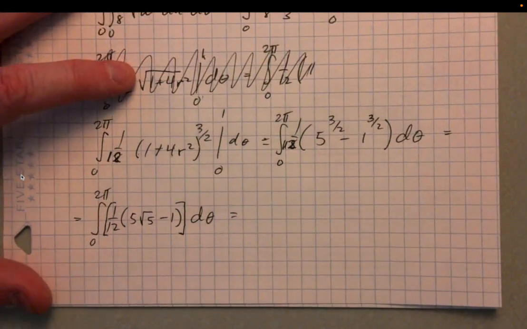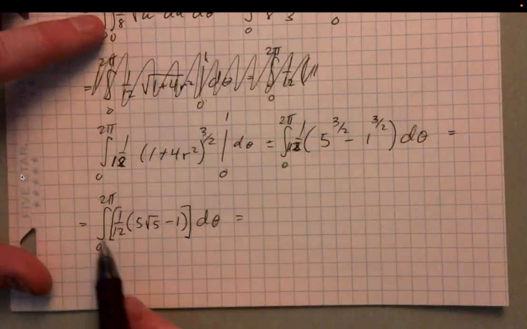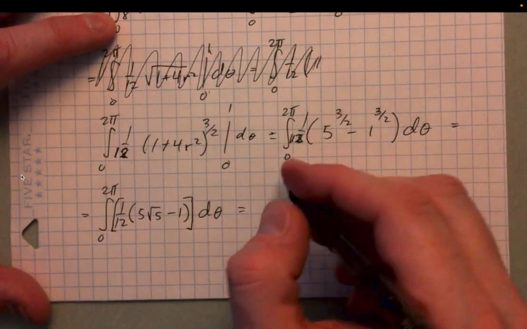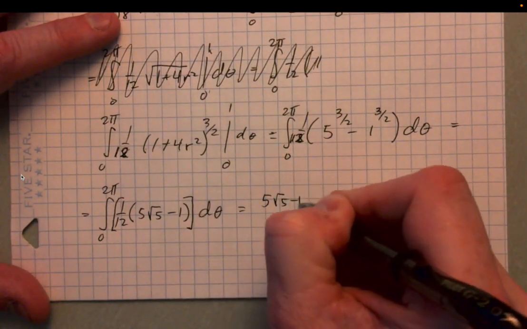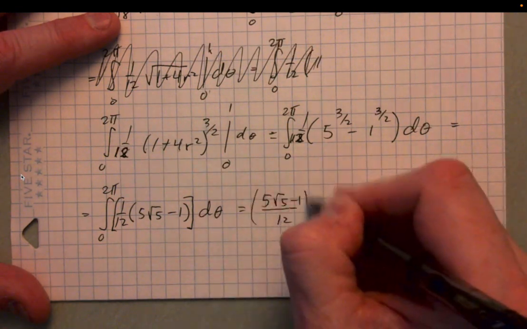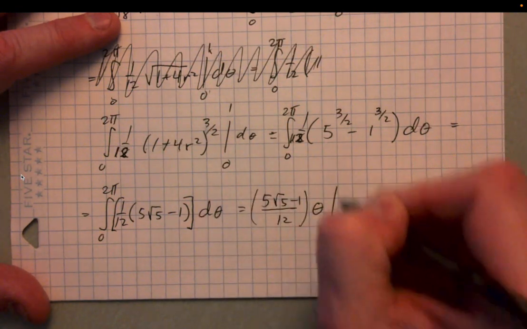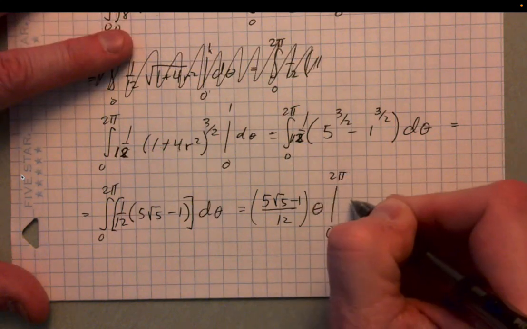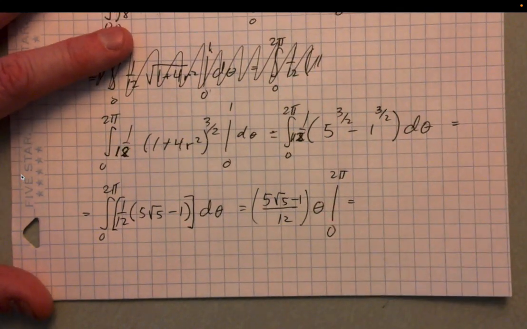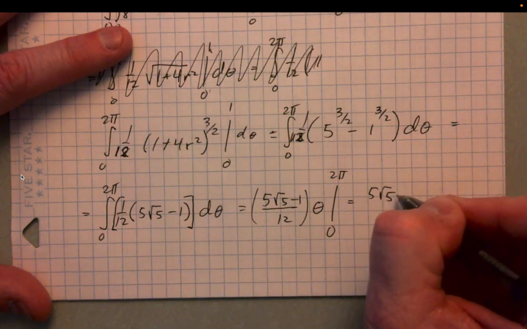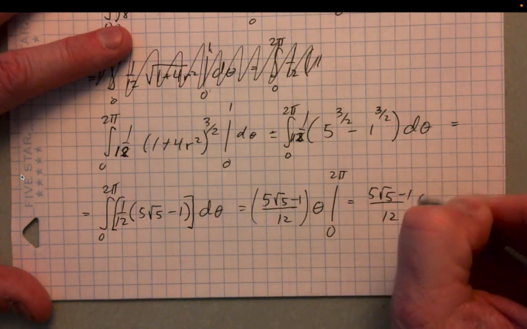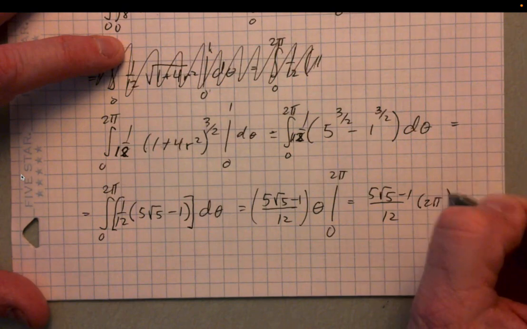Okay, final step is to integrate that. It's all a constant, so you just add the theta in. So you've got 5 square root of 5 minus 1 over 12 times theta, and theta has to be evaluated from 0 up to 2 pi. And so what you get is 5 square root of 5 minus 1 over 12 times 2 pi minus 0.